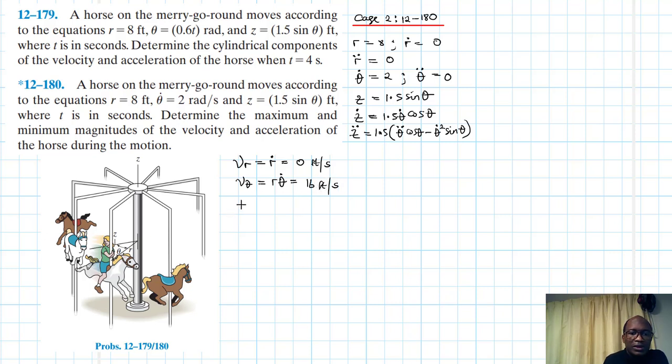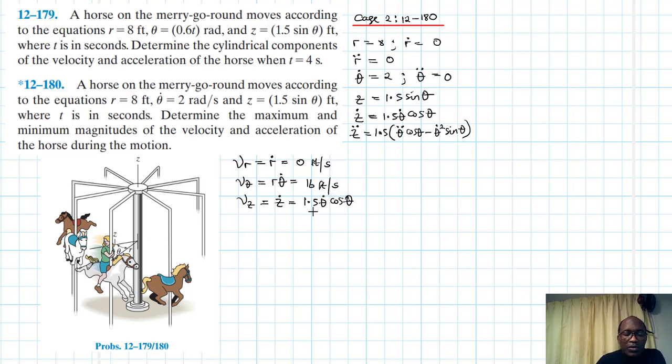And then we have v_z, which is equal to z dot, and this is just equal to 1.5 theta dot cos theta.